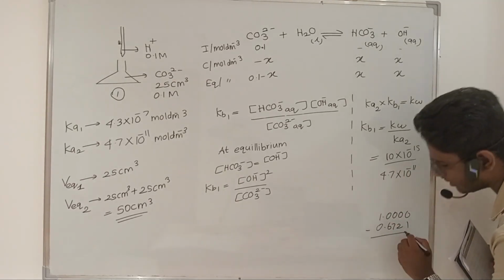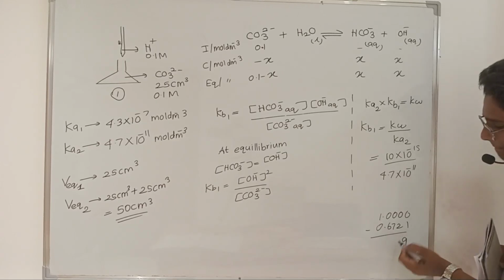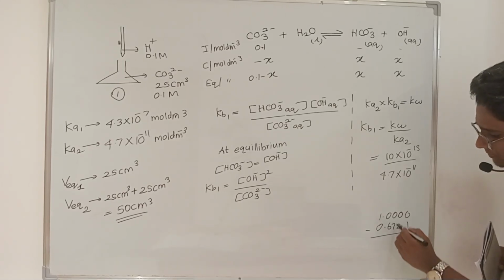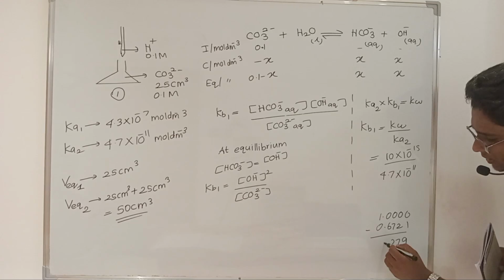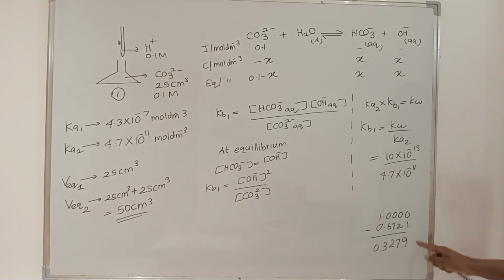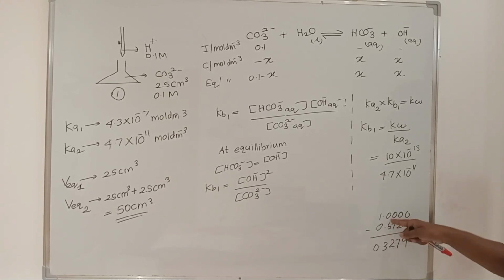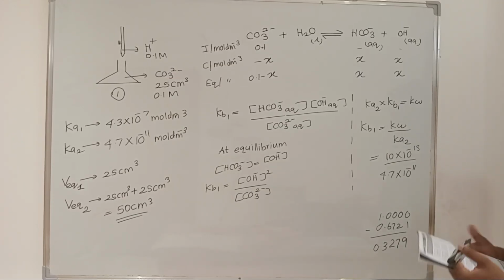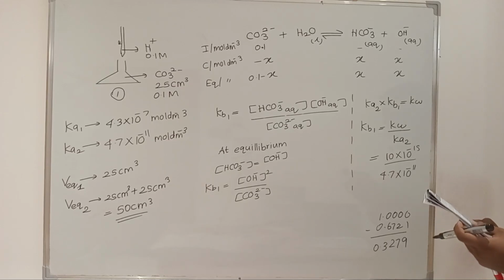Log subtraction, so it's going to be 0.3279. Now we have to find the antilog of this. What is the antilog of 3279?